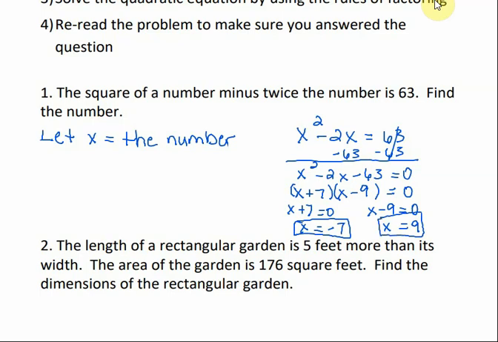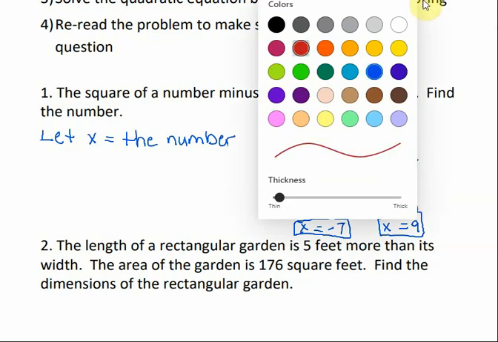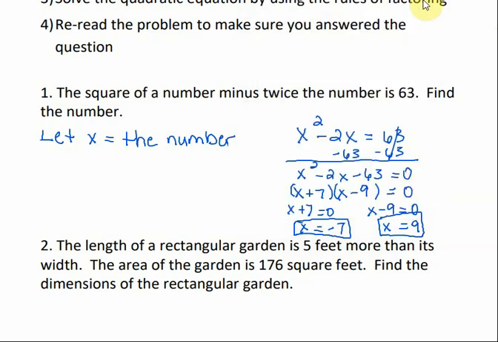If I were to plug either one of these in, they would be correct. So just to double check, let's plug them in and see. If I plug negative 7 into my original equation, negative 7 squared minus 2 times negative 7 equals 63.